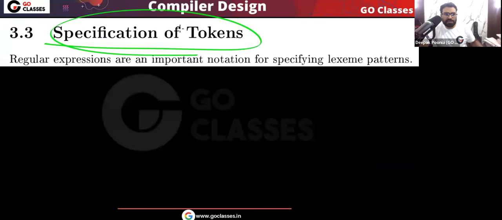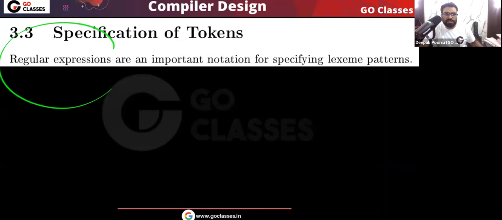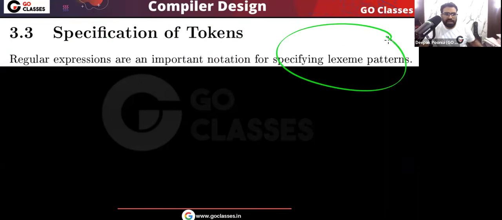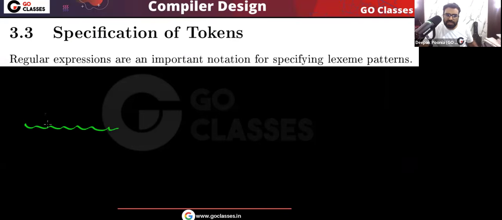You can read this specification of tokens. Regular expressions are the important notation for specifying lexeme patterns. You already know for every lexeme we write a token. So some lexeme pattern is there, let's assume this is a pattern for a particular type of lexeme.